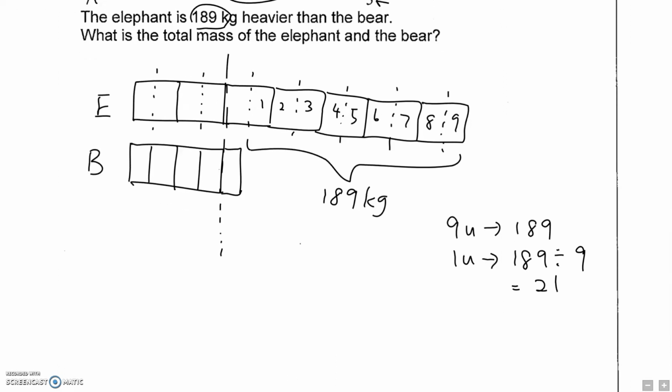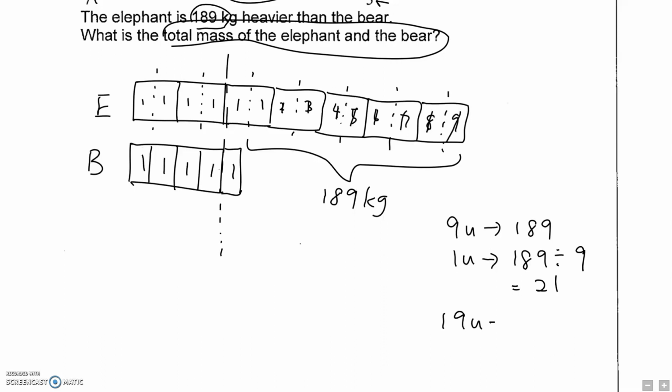The question is the total mass of the elephant and the bear. So the total units I have got 1, 2, 3, 4, 5, 6, 7, 8, 9, 10, 11, 12, 13, 14, 15, 16, 17, 18, 19 units in total. So that will be a total of 19 units.